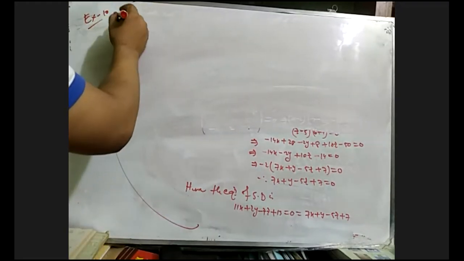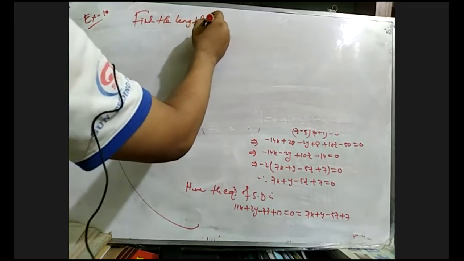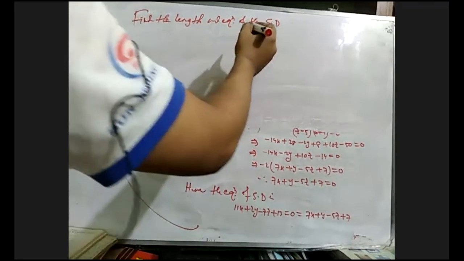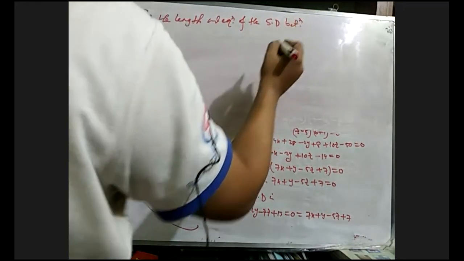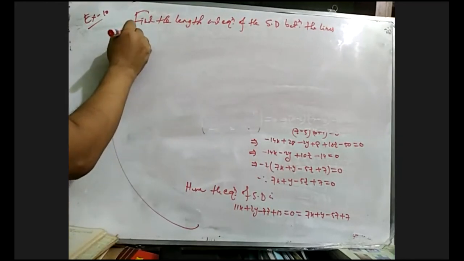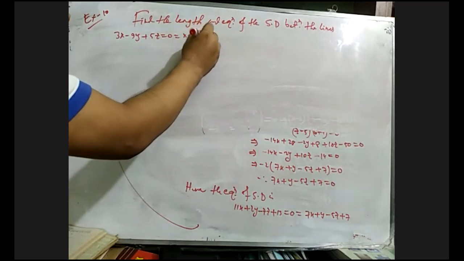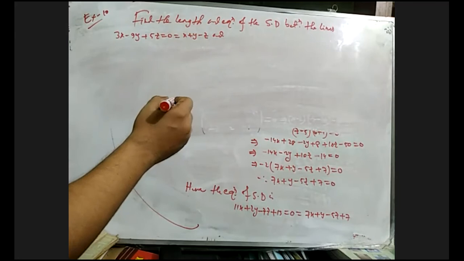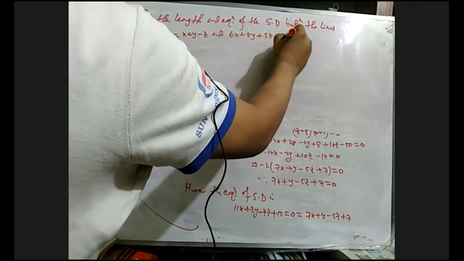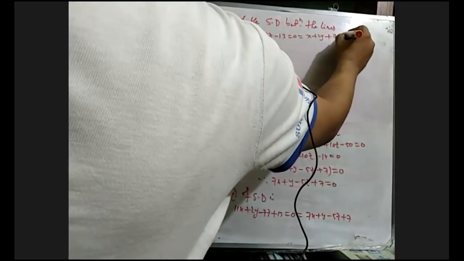Example 10: find the length and equation of the shortest distance between the lines (3x - 9y + 5z)/0 = x + y - z and (6x + 8y + 3z - 13)/0 = x + 2y + z - 3.